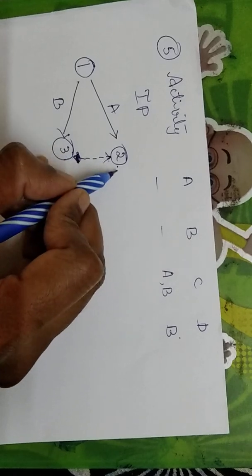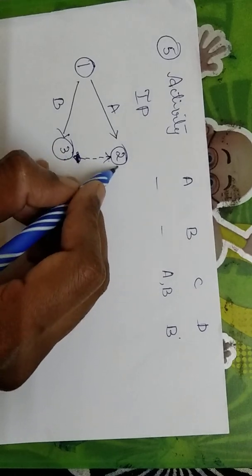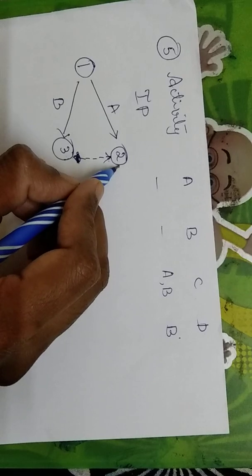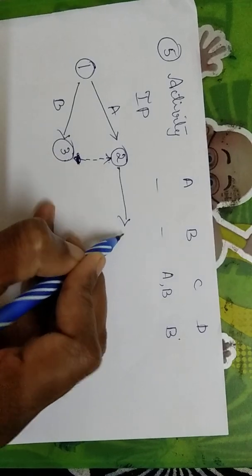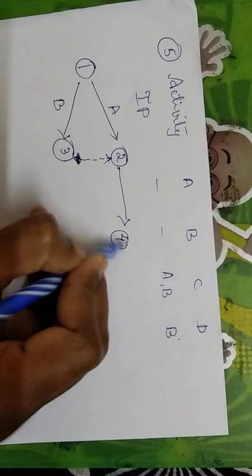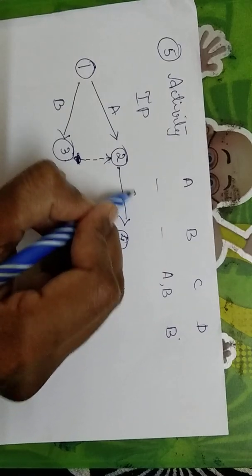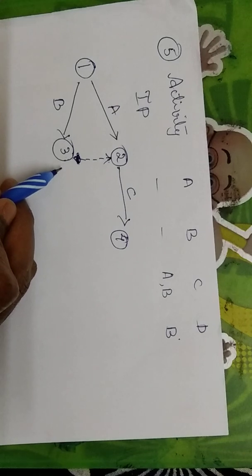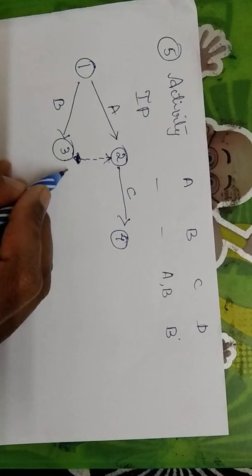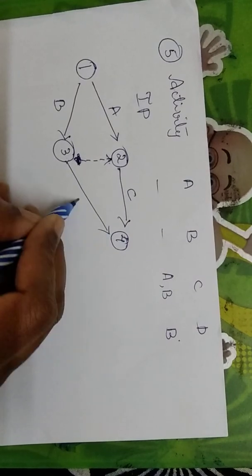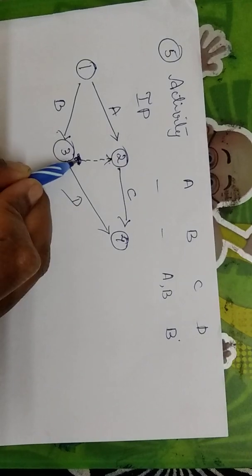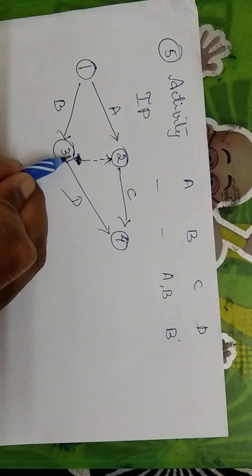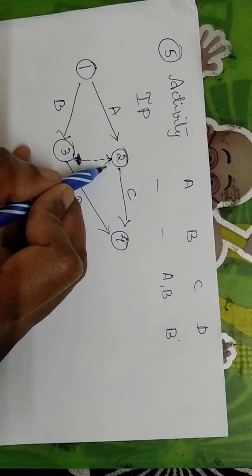So for C activity I have the predecessors A and B, right? And for D it is only B. If you see here, the arrow mark is not pointing towards 3, it is pointing towards 2.